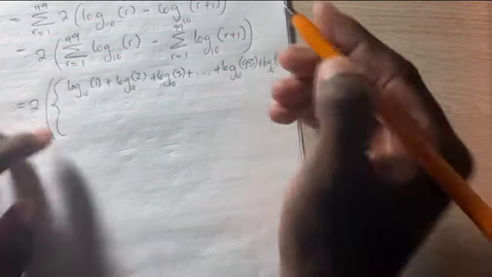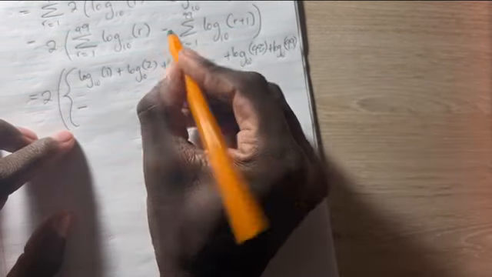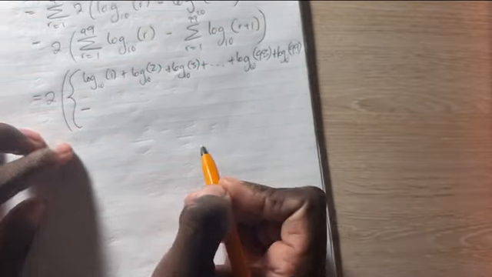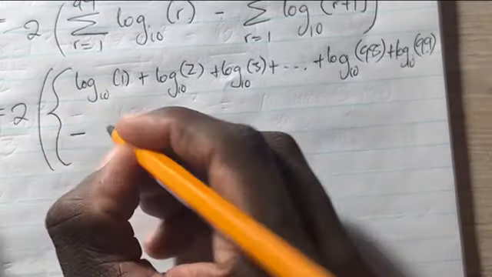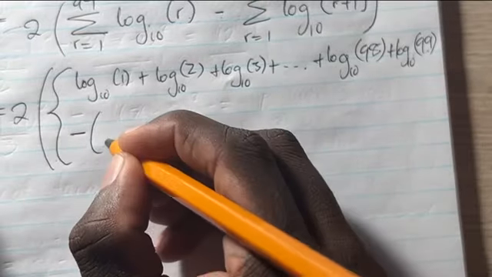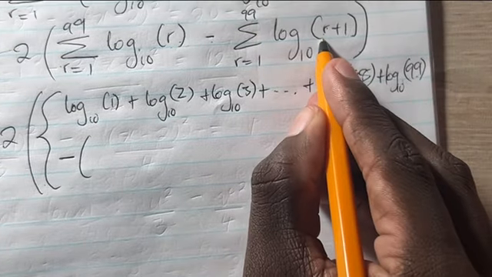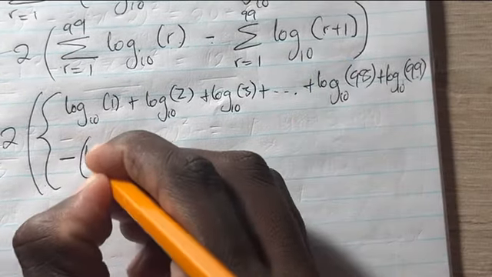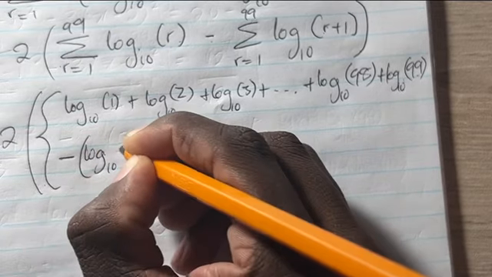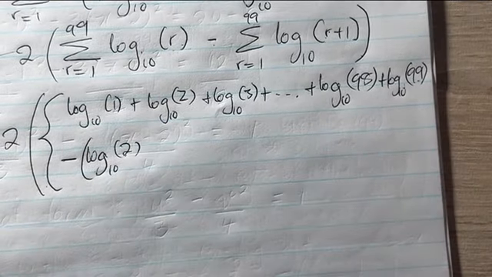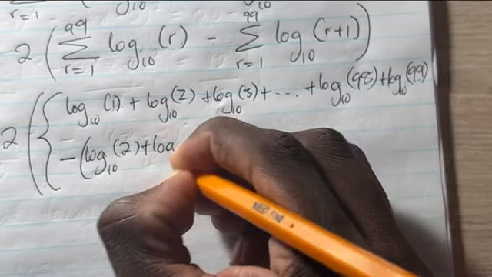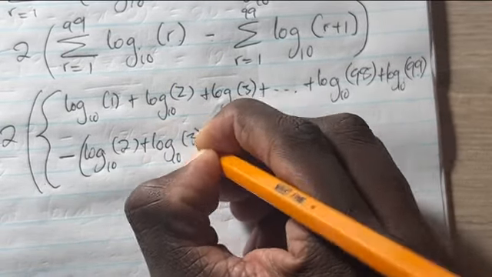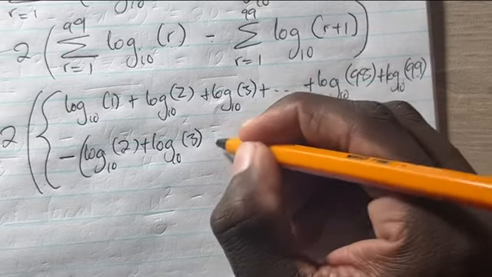Let's go to the second one. We put a negative at the front because we have to subtract that one. Now, you got open bracket. When r is 1, this becomes log base 10 of 2. When r is 2, this becomes log base 10 of 3. And then we got more.